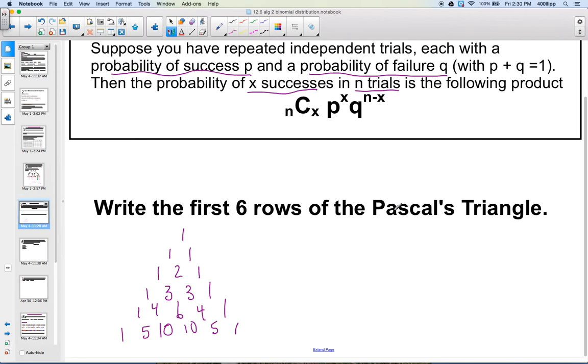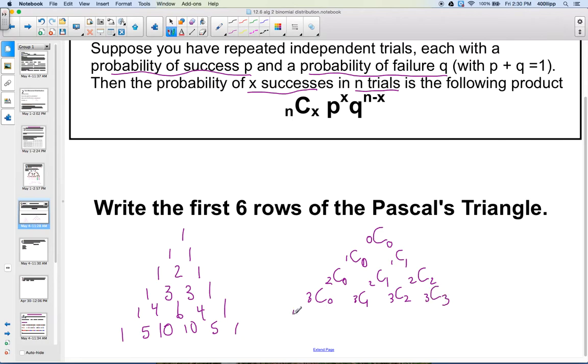Okay, so this is actually the same as writing 0C0 is 1, that first one. The next row is 1C0 and 1C1. That's this row right here. This row, the second number is always going to be your first number in your combination. So this is going to be 2C0, 2C1, and 2C2. This row here is 3C0, 3C1, 3C2, and 3C3.